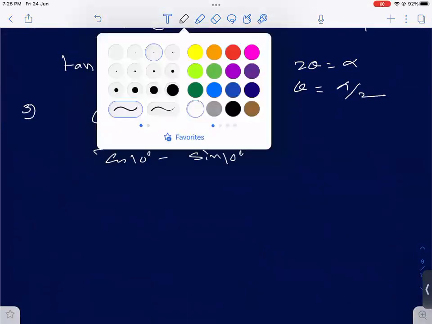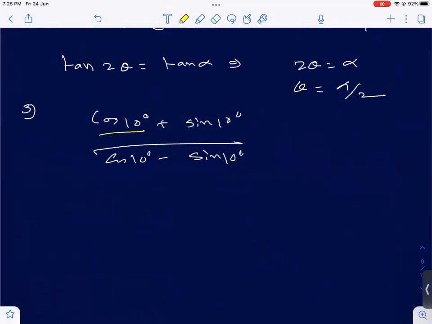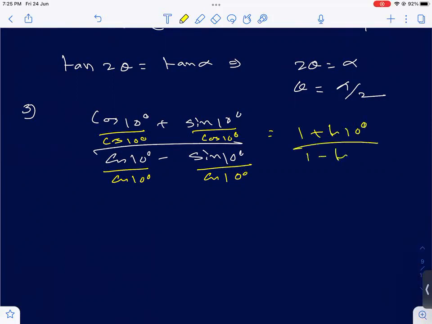So tan A plus tan B by 1 minus tan A tan B, because in the denominator we have to get 1. So divide by cos 10. So this is coming (1 plus tan 10) by (1 minus tan 10). So with A being tan 45 degrees, this is the tan A plus tan B by 1 minus tan A tan B formula, so tan (A plus B).